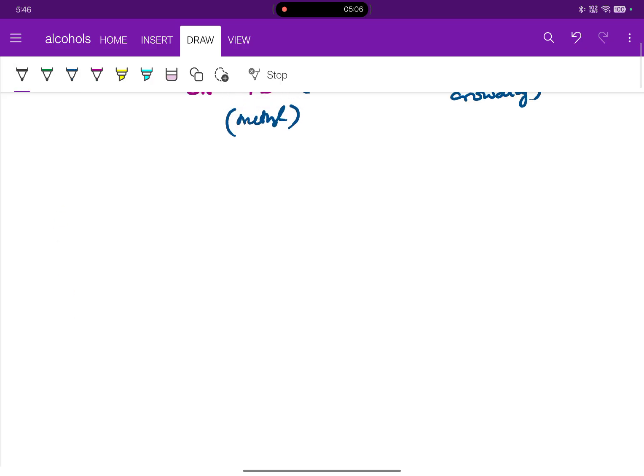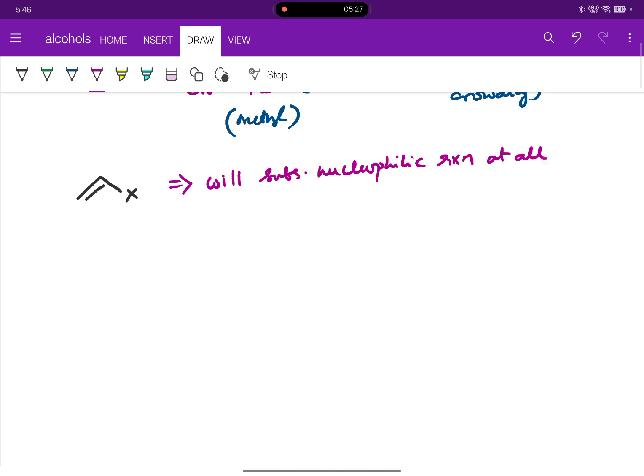For example, let us take vinyl halide. Vinyl halide will not undergo any nucleophilic substitution reaction at all. What is the meaning when I say at all? There will be no stable carbocation formed. That means you are explaining using the SN1 mechanism. SN1 requires a carbocation.